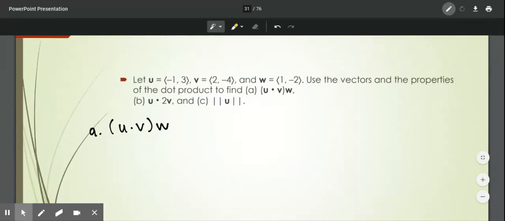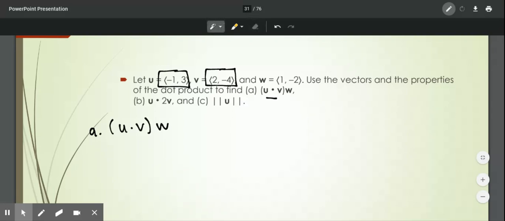So if we do u dot v to start, this is your u and your v. I think this was supposed to be another dot here, because we're not multiplying two vectors. Erase it. I know how this is going to work out. No dots. So u dot v times w.